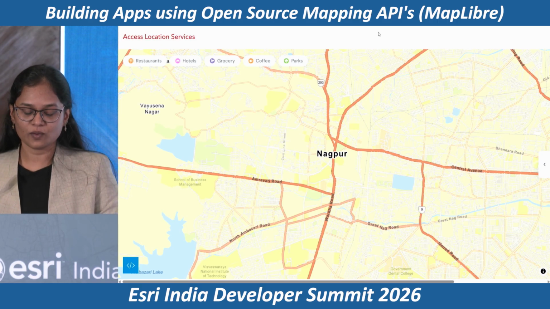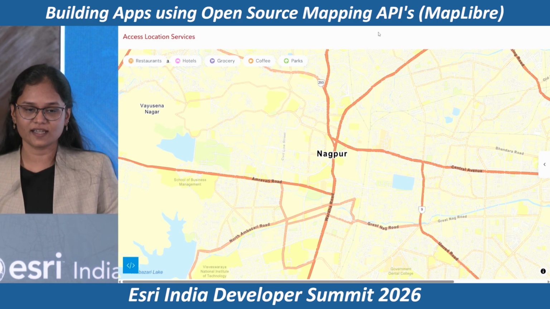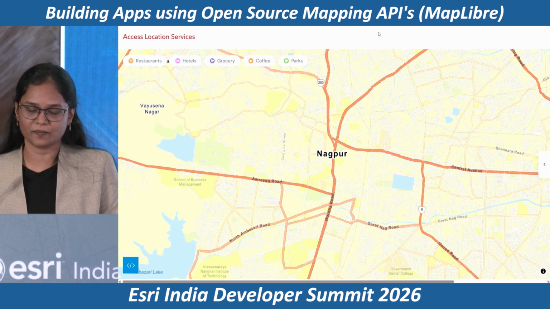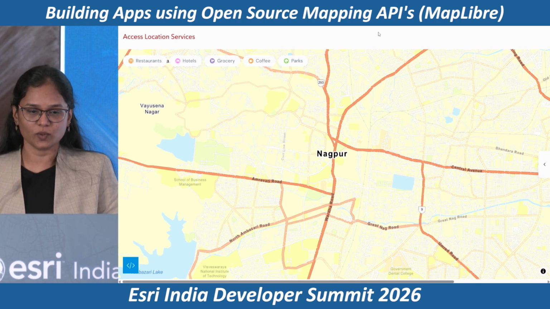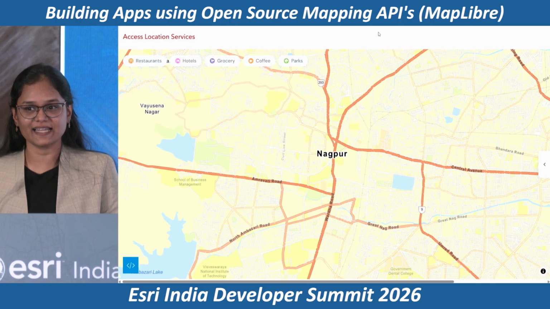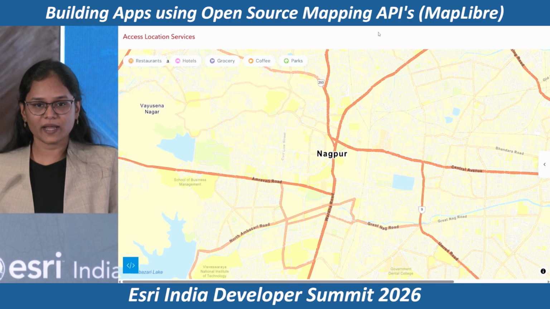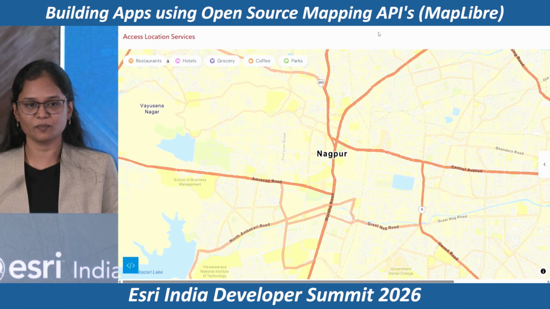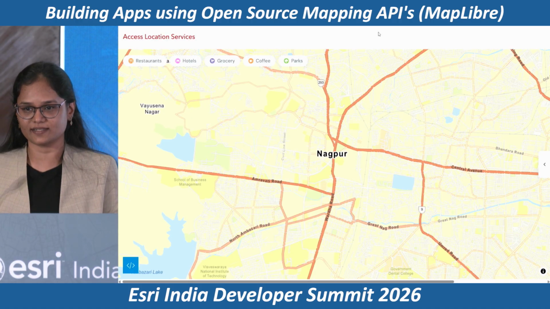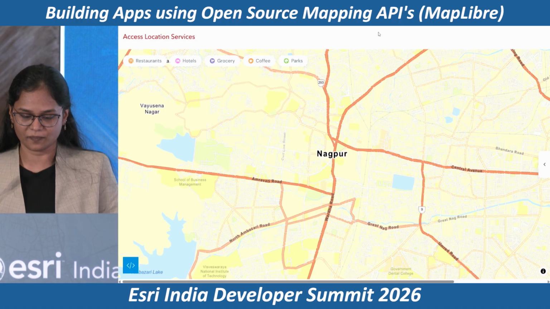To simplify working with ArcGIS services, Esri has an open source library called ArcGIS REST JS. It is designed to work seamlessly with any client-side mapping libraries, including MapLibre, by providing wrapper classes that simplify integrating ArcGIS services into your application.